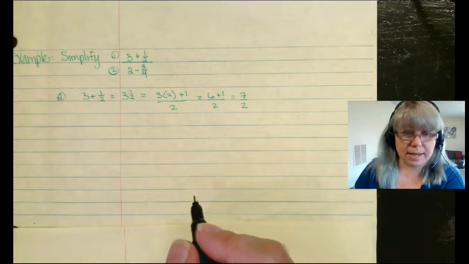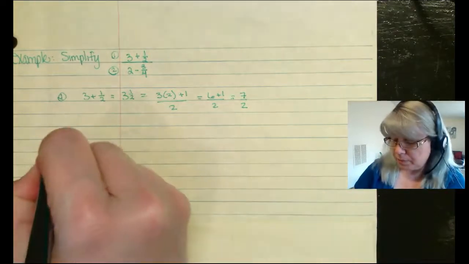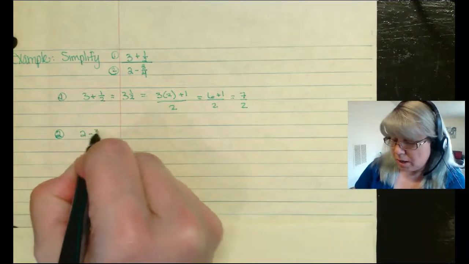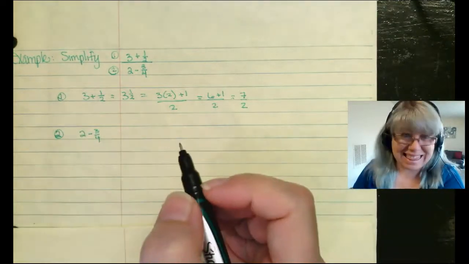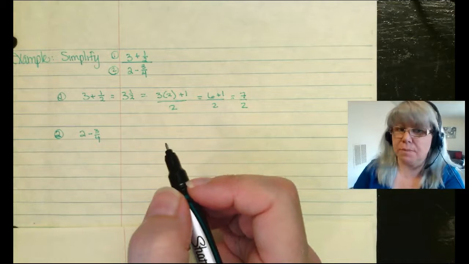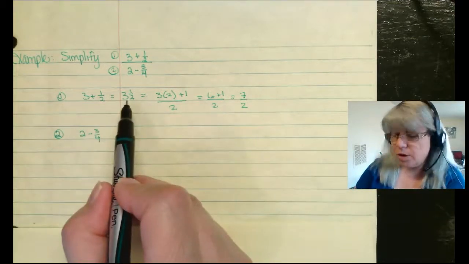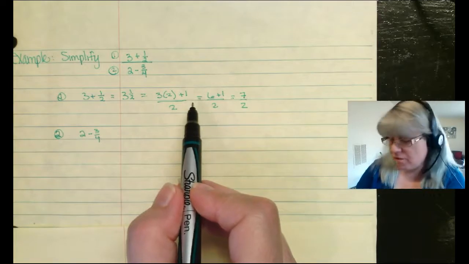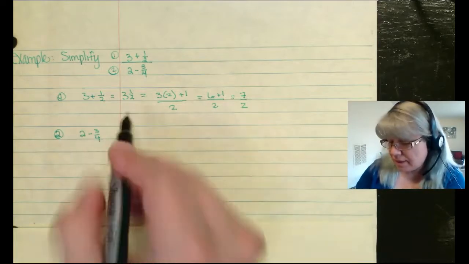Let's try the same thing with the bottom number. 2 minus 3/4 is not the definition of a mixed number, so I can't just jump to the mixed number and change it over to an improper fraction. I need to do this math.